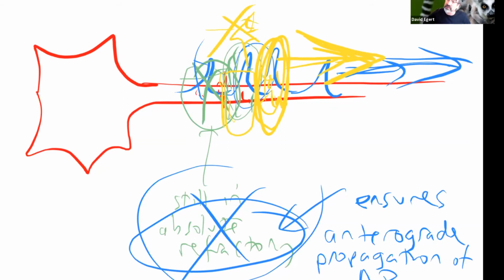So that makes sense? Okay. So any questions about this core story about what an action potential is and how it propagates? So this kind of chain reaction.